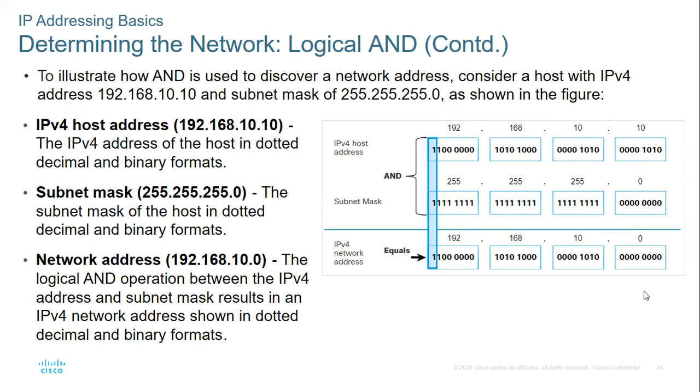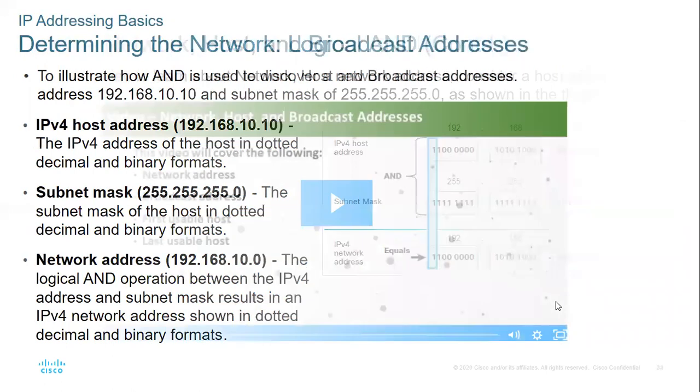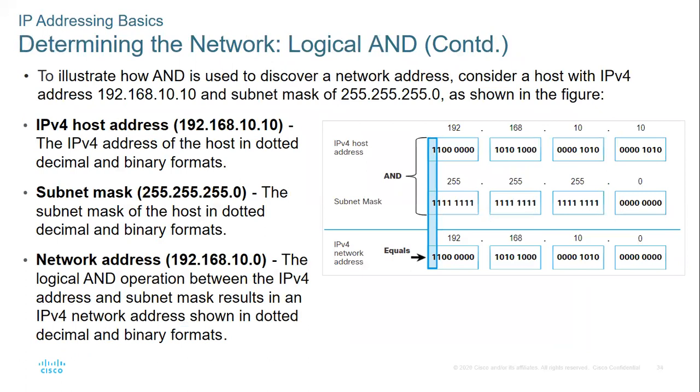Once we have this, we can also change this back into decimal for us to get the network address. As you can see, in the end, the network address we're going to get is going to be this. So what do you do here? As I've told you, you have to use a binary chart for you to change this binary into decimal.